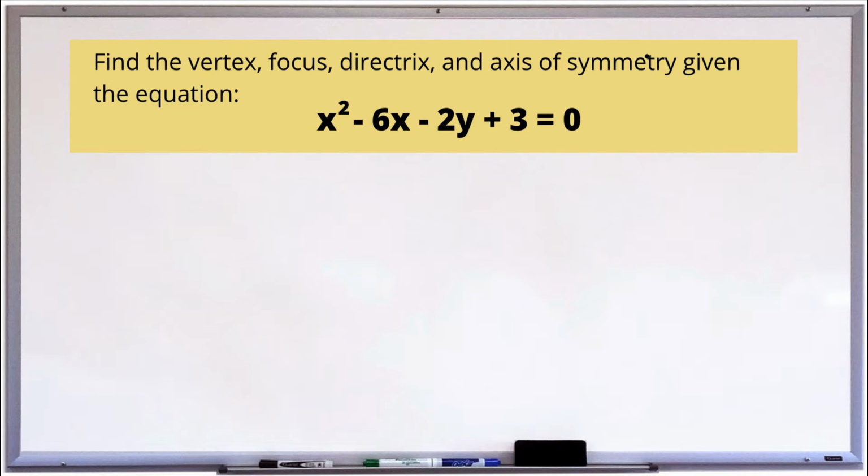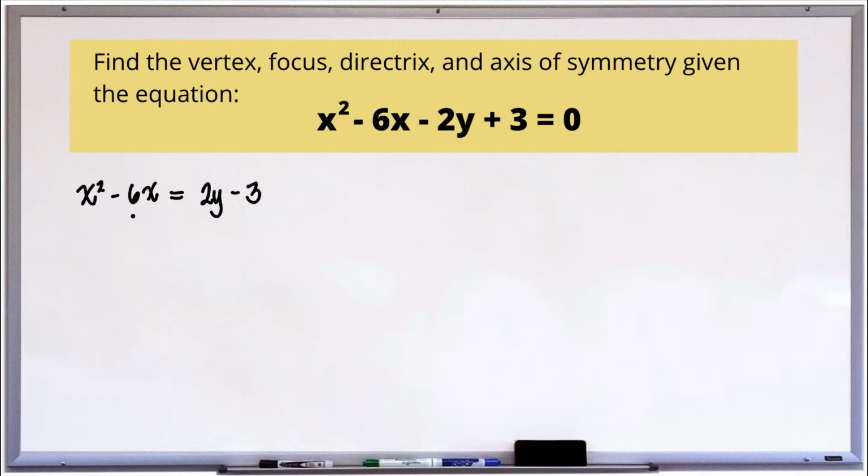We need to express this first into a standard form so we can easily find the vertex of this given parabola. Arrange first the equation so that the terms with variable x, the variable that is squared, are on the left side, while other terms are on the right side.